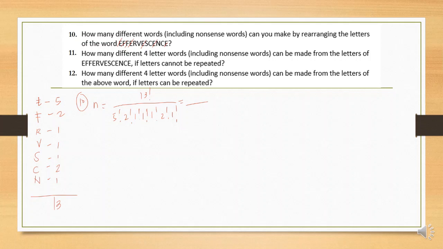Then, number 11, how many different 4-letter words can be made from the letters effervescence if letters cannot be repeated. So, doon sa ating number 11, ang ating notion ay we are arranging 13 letters in 4 positions.